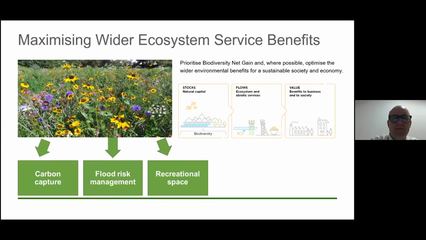Some of you may be familiar with it, some of you may not, but through our work it's clear to see the relationship between biodiversity and wider ecosystem services benefits. Whether that's carbon, flood risk, or recreation and health benefits, delivering biodiversity net gain not only enhances biodiversity, but fundamentally underpins all the benefits that we receive from that.